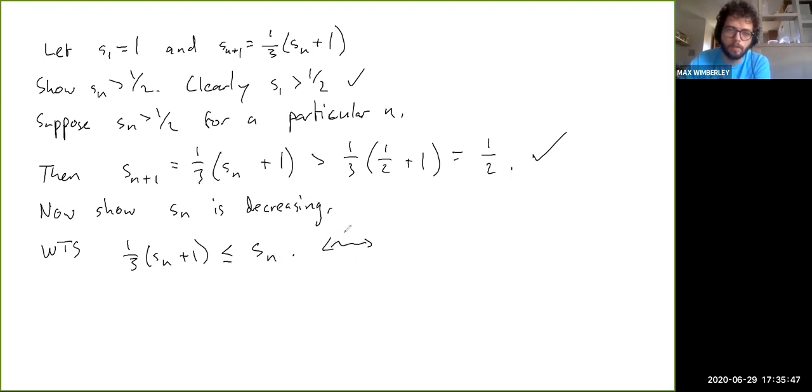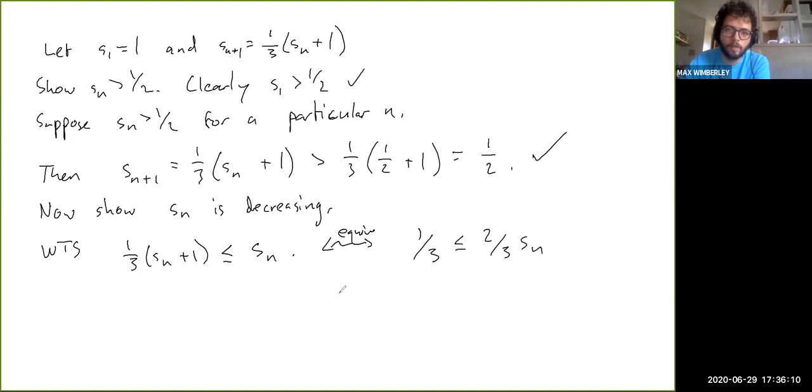This is equivalent to, if we subtract 1/3 Sn from both sides, 1/3 is less than or equal to 2/3 Sn.